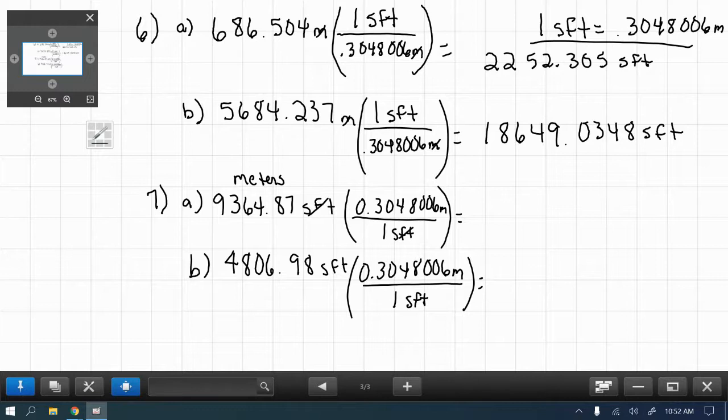His corners were old, like trees, like an oak tree. His distances were in chains and links. In the survey law class, I was showing some examples of old conversions we're using.